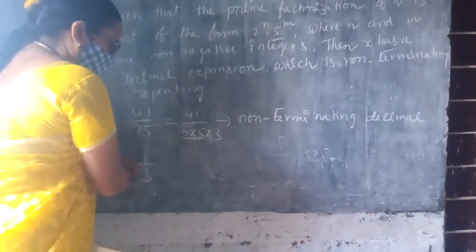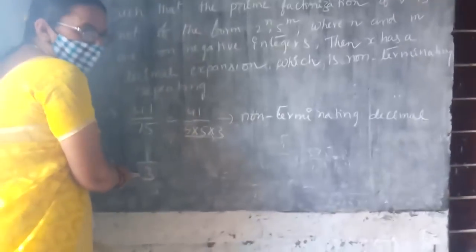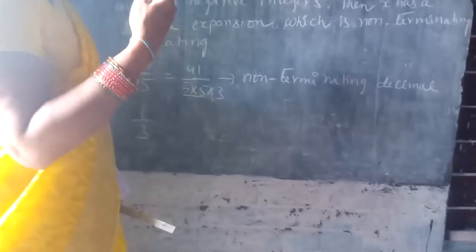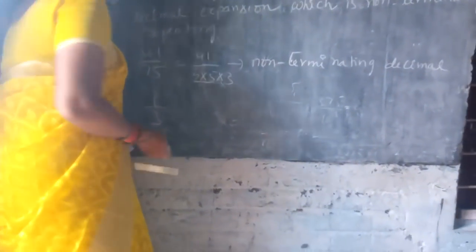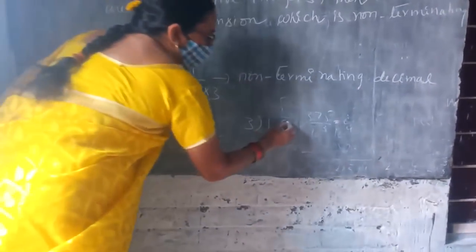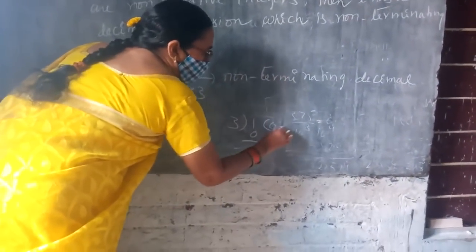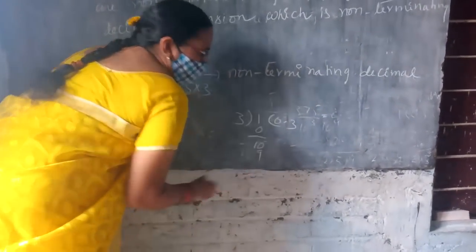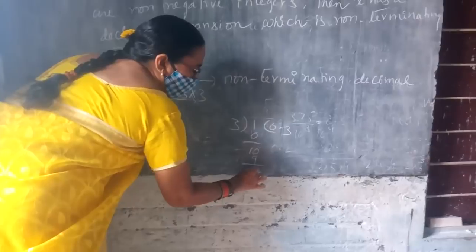See once. This is 3. Here the factors are, there is no 2, no 5, only 3. See the division once. 3, how many times is it divisible? 0. Put the decimal point. How many times? 3 threes are 9. Remainder 1, 0.